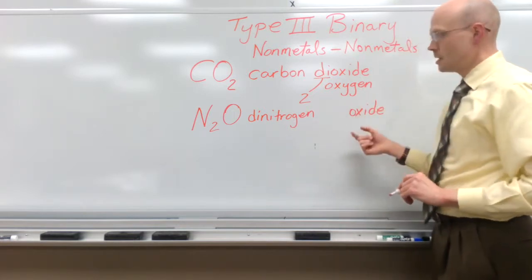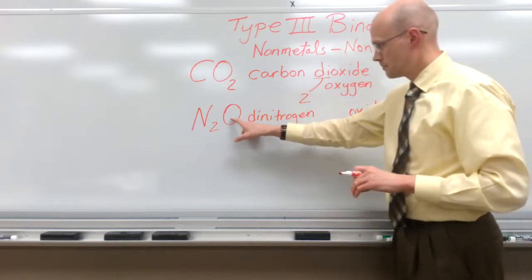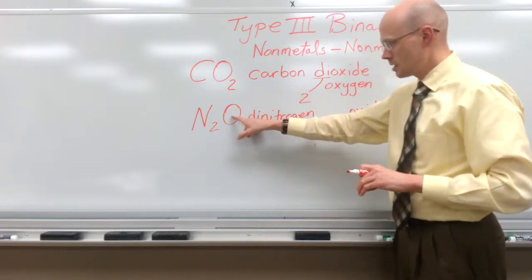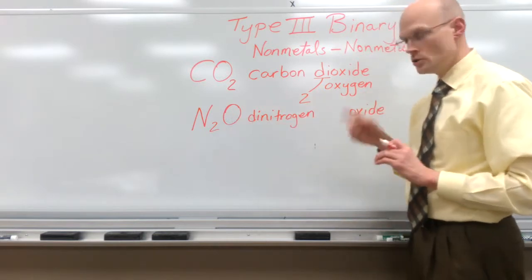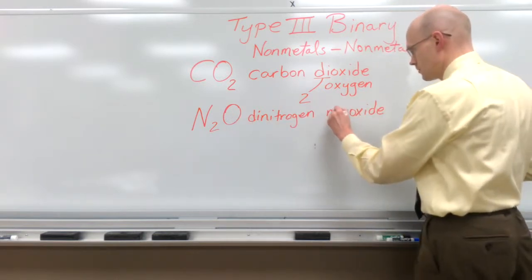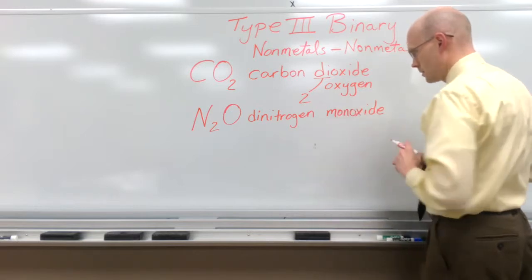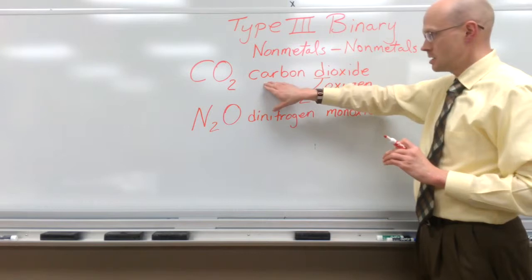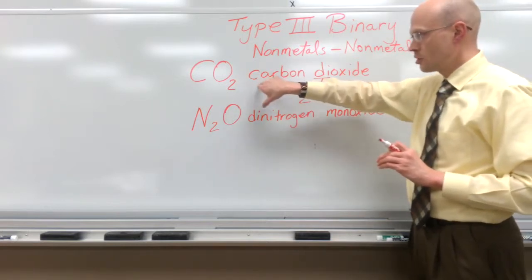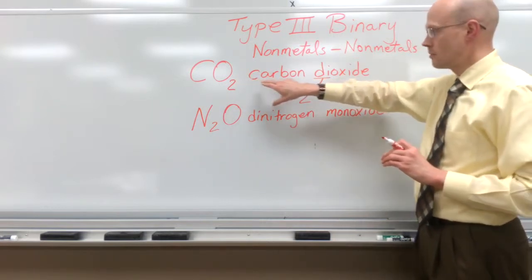Now, if the second nonmetal is a single atom, is 1, we do need to represent that. We didn't do that up here. If the first element is a single atom, just one carbon, we don't say monocarbon.